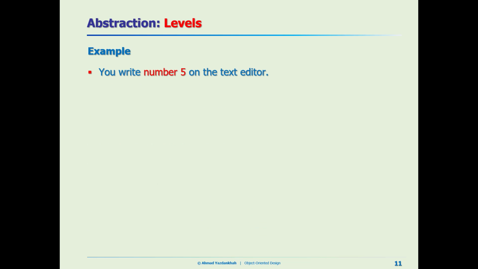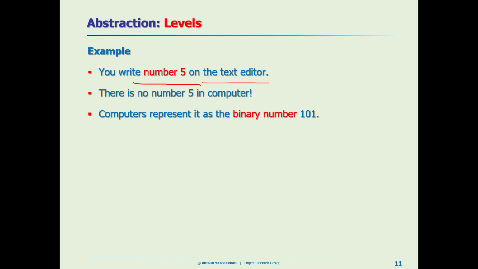We write number 5 in a text editor. But you know what? There is no number 5 in computer science. Computers, as you know, represent every number by binary numbers, 101, right?